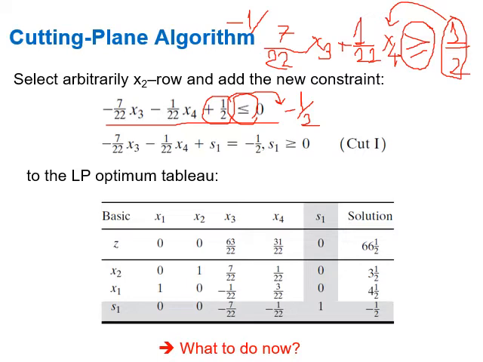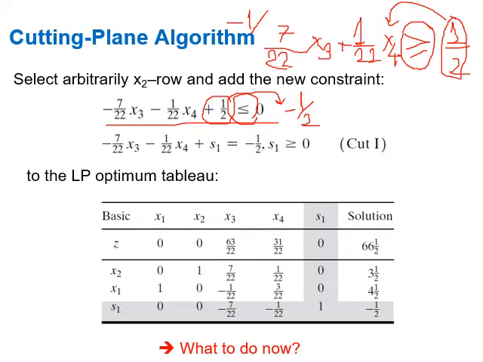How do we convert a less than or equal to constraint into its standard form with equality? Remember our previous course, the OR1 course. We do this by including a slack variable. So we add a slack variable to the left hand side and make it equal to -1 over 2, and this slack variable is a greater than or equal to zero variable. This is a new variable.